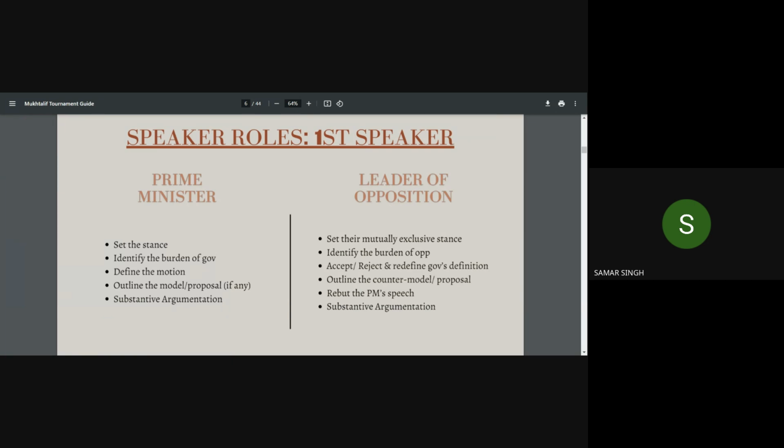The second thing that the PM does is give a status quo. Status quo is basically the current scenario of the world and how the world reacts to plastic. So they can say that in Southeast Asian or South Asian countries like India, plastic is a relevant problem because the government does not have greater infrastructure to recycle plastic. Or they can say that in European nations, there's great infrastructure to recycle plastic, and it has been really helpful.